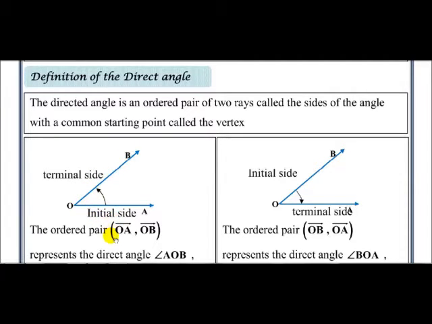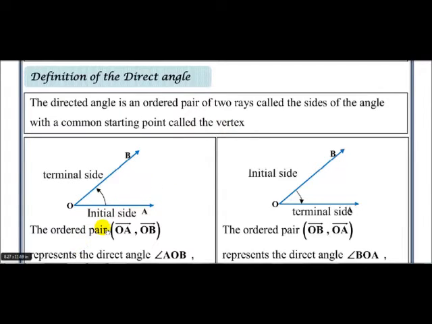Then in my ordered pair, I write the initial side first, then the terminal side second, okay? This ordered pair is called a directed angle. The directed angle is an ordered pair of two rays called the sides of the angle, with a common starting point, here O, called the vertex.